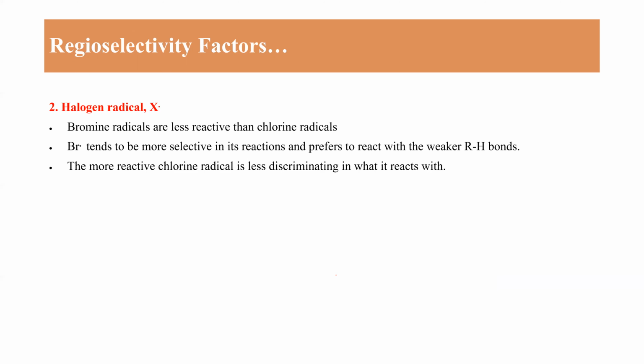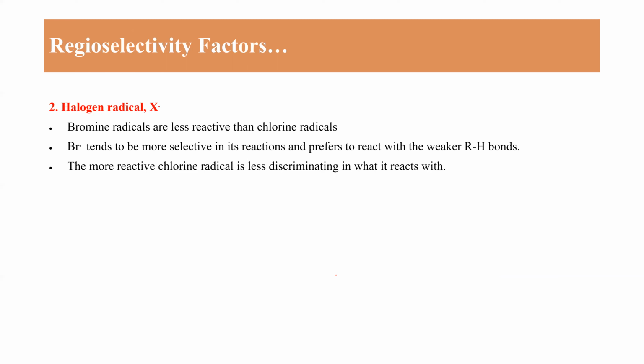The more reactive chlorine radical is less discriminating in what it reacts with. Bromine only looks for the tertiary if available, otherwise it goes with high preference for the secondary, and then least preference for the primary one.